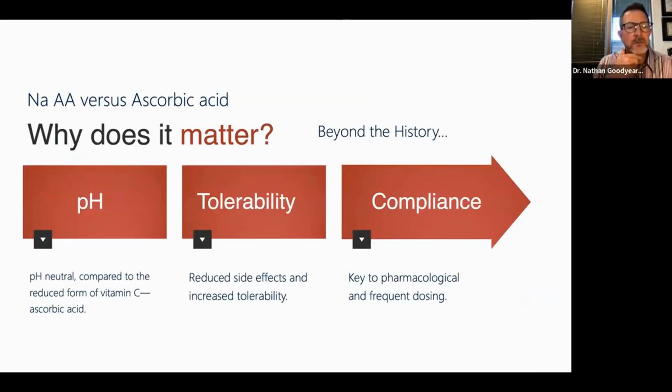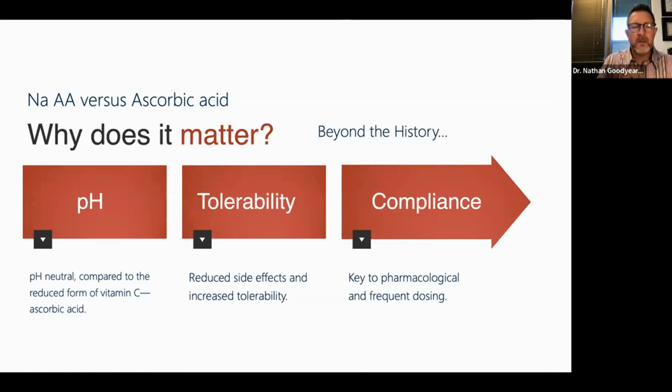So why does it even matter? Whether it's ascorbic acid or sodium ascorbate, why does it bother? Well, because my job as a physician and as medical director of Brio-Medical is to treat people with all forms of cancer and a variety of autoimmune diseases, Lyme, et cetera. But it's to provide effective therapies, efficient and effective therapies.